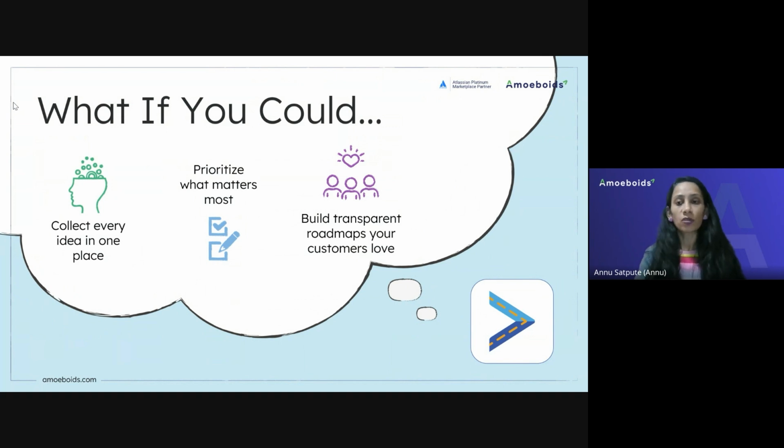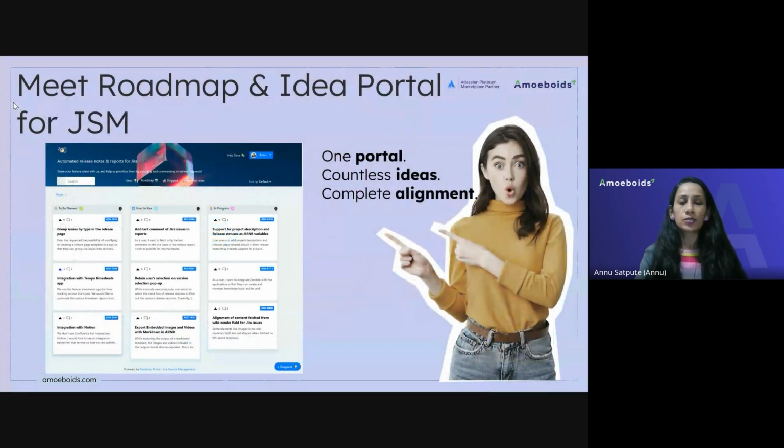So for all of this, let's meet Roadmap and Idea Portal for JSM, one place where you can manage all your tickets, or the ideas, let's call them ideas, that are coming from your different stakeholders. You are able to manage them, transparently showcase them, and let people know where exactly their idea lies in the workflow, and what exactly we are doing with it, right?